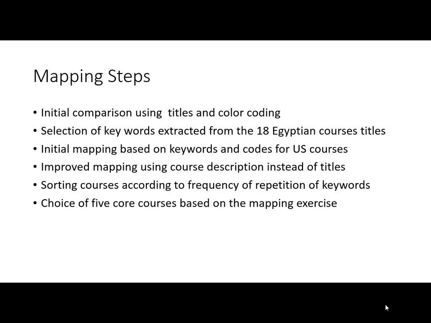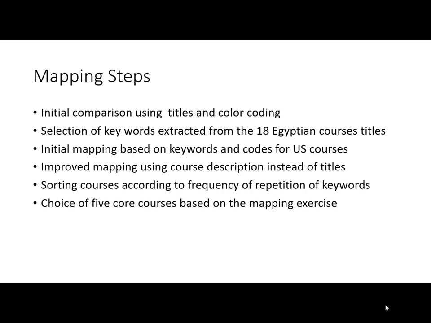The mapping steps can be summarized as follows. We produce an initial comparison table using titles and color coding. We select certain keywords extracted from the Egyptian courses titles, and then we do an initial mapping based on keywords and codes for the US courses.